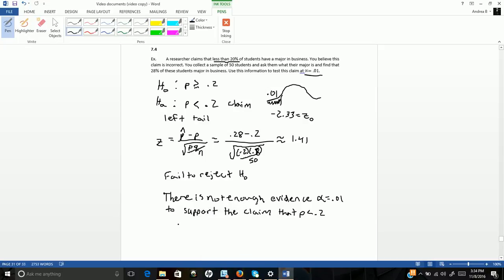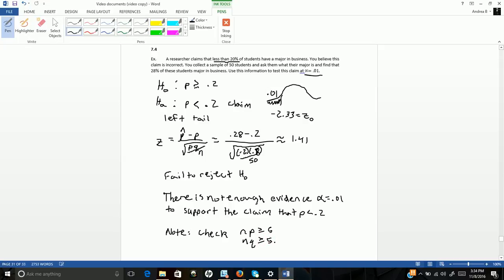And then one thing to keep in mind here also, that for these, I didn't write it down up above, but in general here, you should be checking to make sure that the conditions are met to be able to do all of this. In this case, I already knew that they were, that your n times p has to be greater than or equal to 5, and also that your n times q has to be greater than or equal to 5.